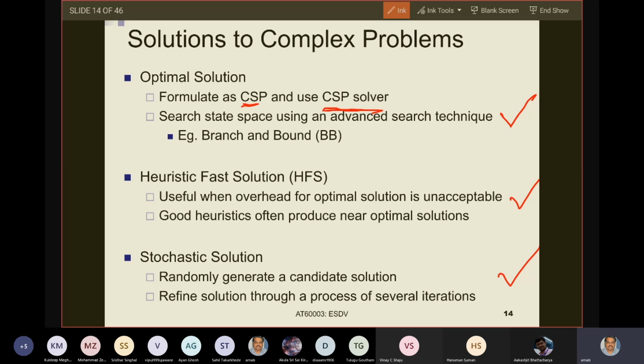For example, generate an ILP, integer linear program, and use an ILP solver like IBM Simplex. Or formulate it as SMT constraints, satisfiability modulo theory problems, and solve them using an SMT solver.